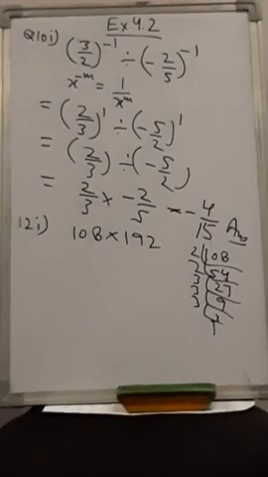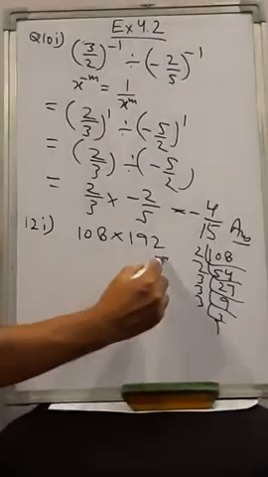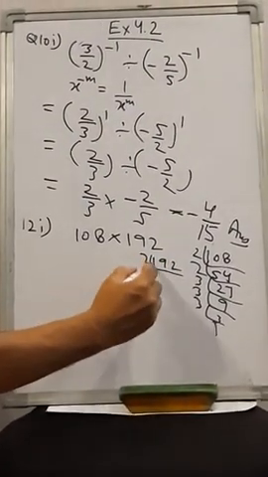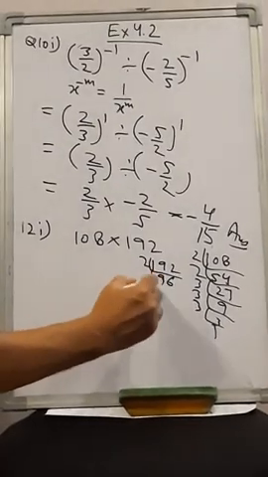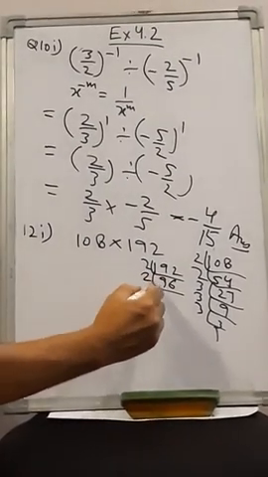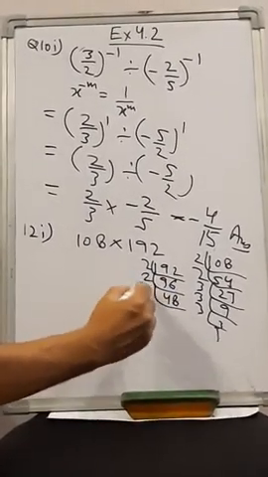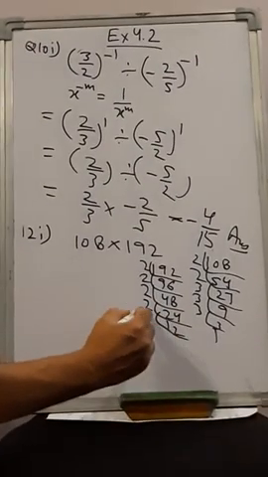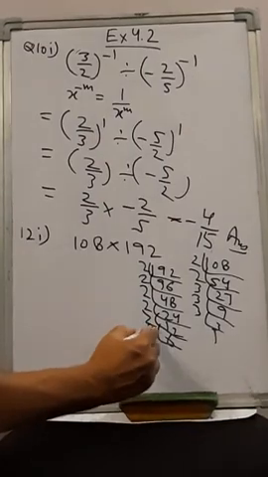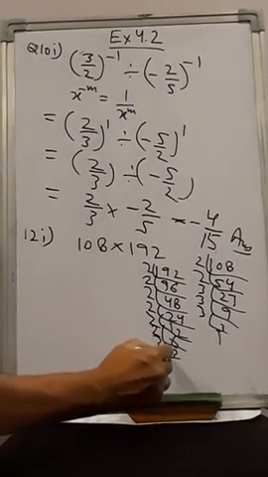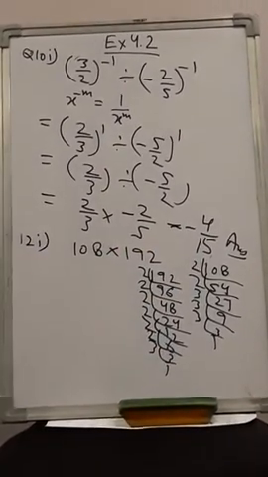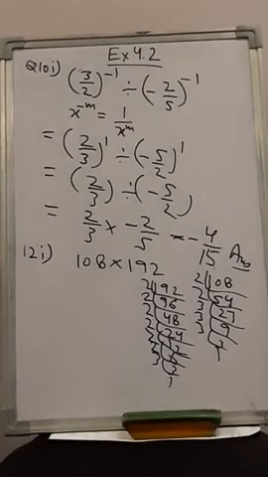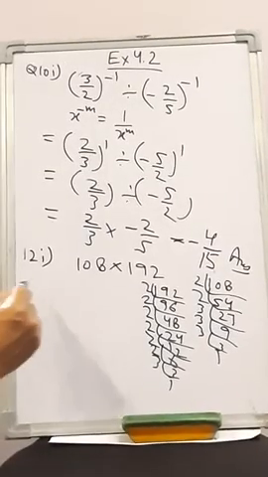This we have factorized. Let us factorize 192 also. So we found the prime factors of both the numbers given.